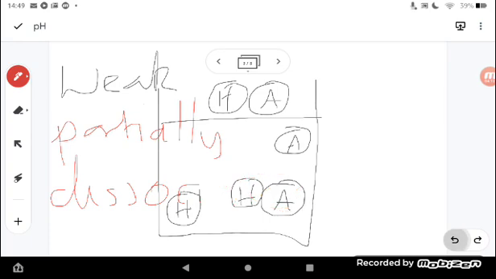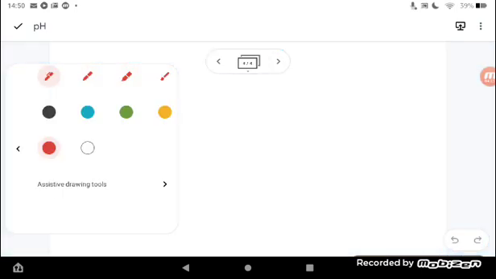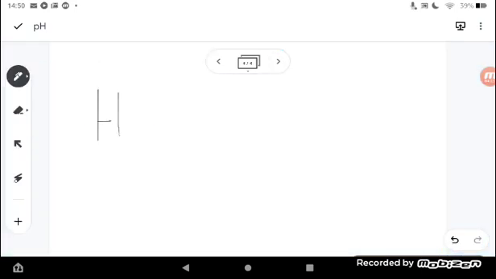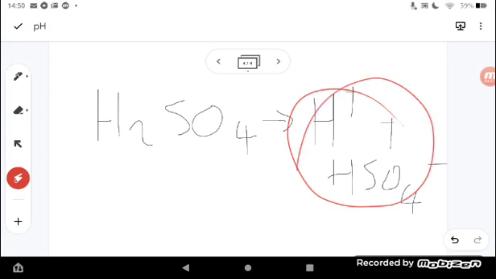A couple of examples here. Something like ethanoic acid will do this because the hydrogen will bounce between the two oxygens within the acid. Another really good example of this is sulfuric acid, because sulfuric acid, which is H2SO4, will fully dissociate into H plus and HSO4 minus. So that's a strong acid there. That will fully dissociate.